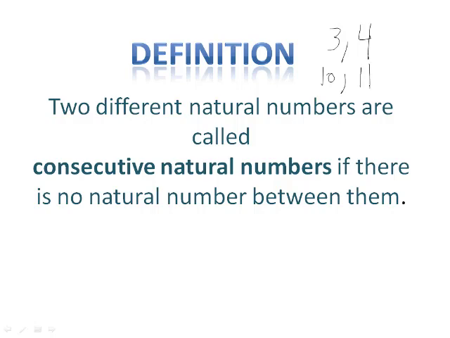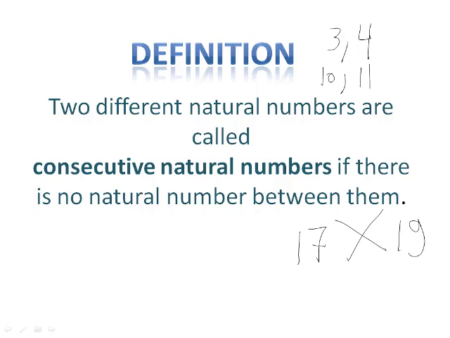Okay, I will ask you a question now. Are the two numbers 17 and 19 consecutive numbers? No, they are not consecutive numbers because there is 18 in the middle. Okay, we also have another thing.